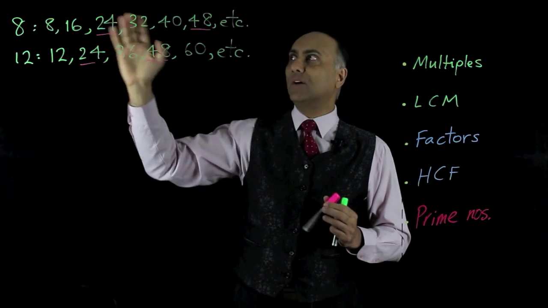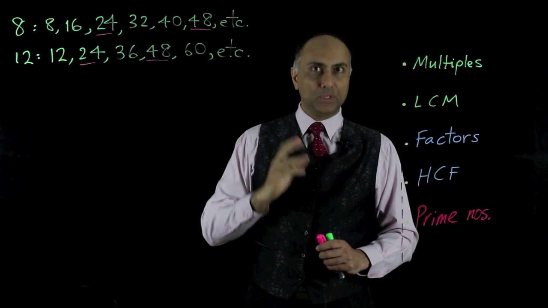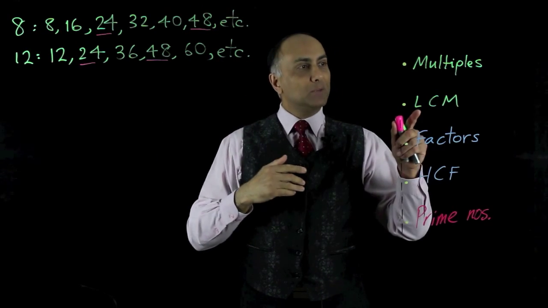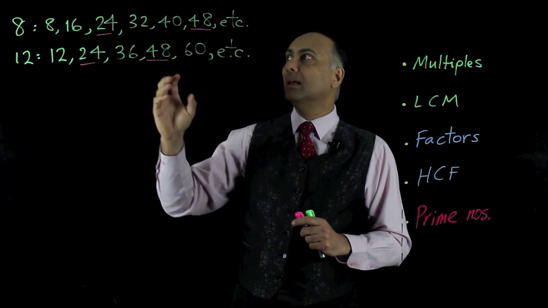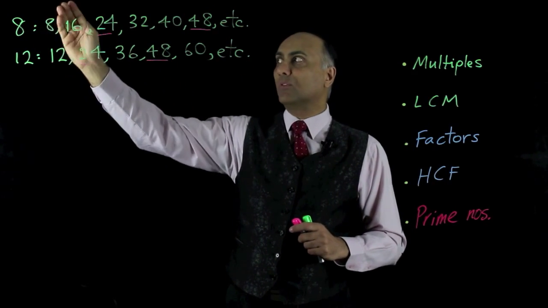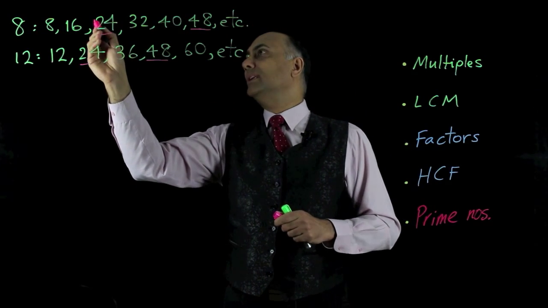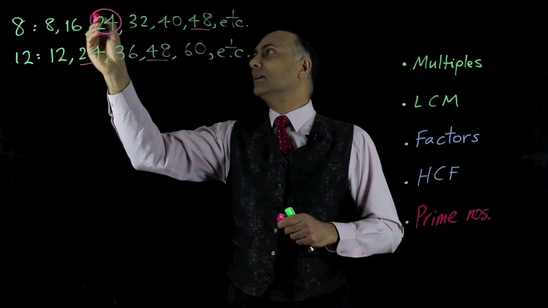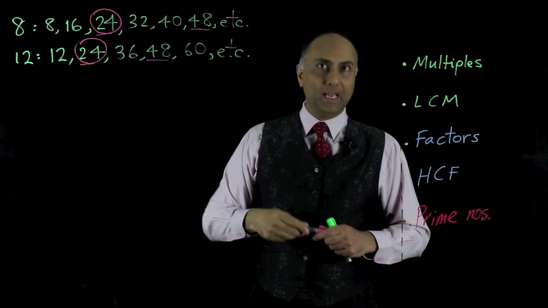So we've identified two common multiples, them being 24 and 48. Now, we're supposed to find the lowest common multiple. So that means the smallest number that is a multiple of both. Well, I'm sure you can see that that's 24. So 24 is the lowest common multiple of 8 and 12.